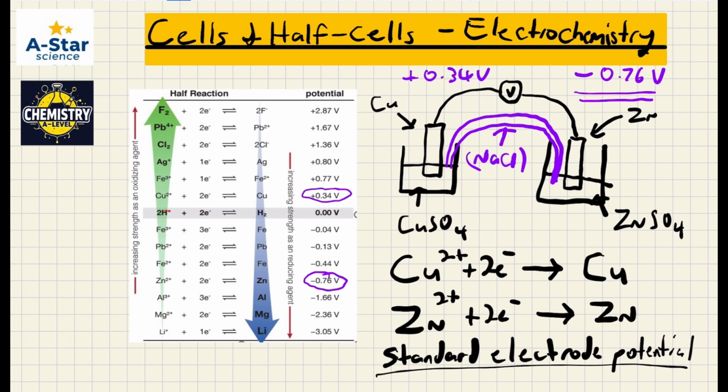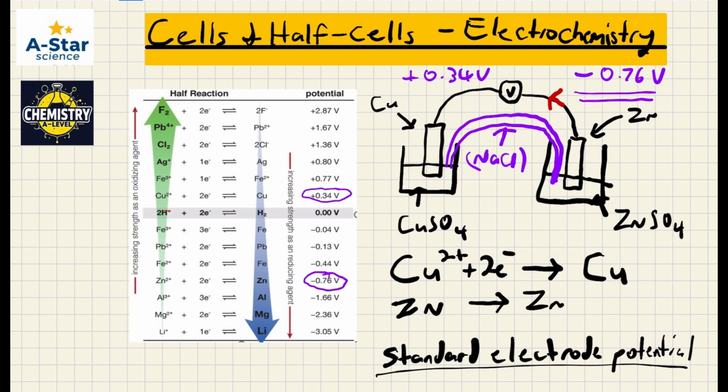So I know that the electrons are going to travel in this direction from the zinc, like so, around the circuit. Now, that means I need to change this equation at the bottom, and I need to reverse the zinc equation, because the zinc now is going to lose electrons and become zinc 2+ and give up 2 electrons.